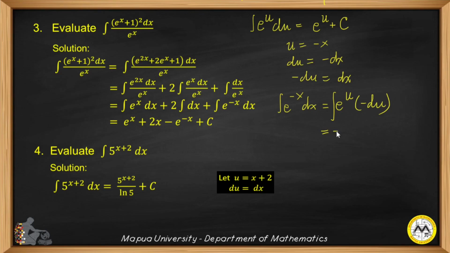Then you factor out the negative sign, so we have negative the integral of e^u du, where the integral of e^u is e^u plus the constant of integration. But since we know that u is negative x, this should be negative e^(-x) plus the constant c. So the final answer is e^x plus 2x minus e^(-x) plus the constant c.